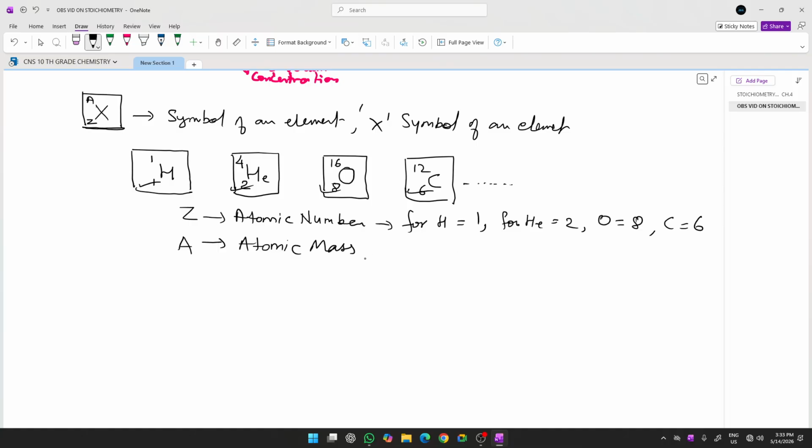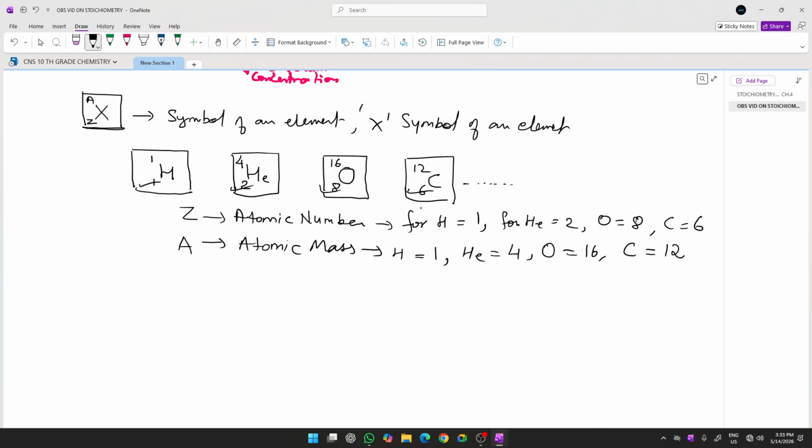Now in the first case, hydrogen has an atomic mass of 1. Then helium has an atomic mass of 4, and oxygen has an atomic mass of 16, and carbon has an atomic mass of 12, right? So these are some examples.